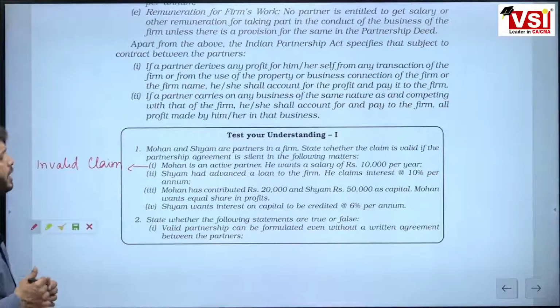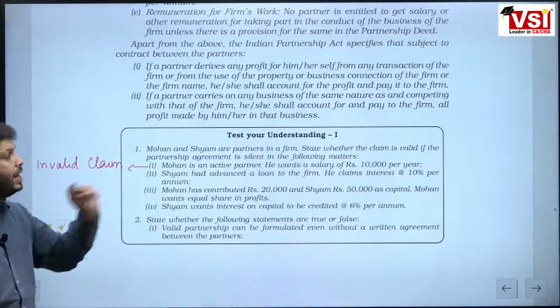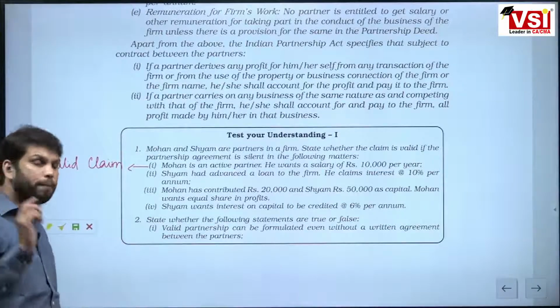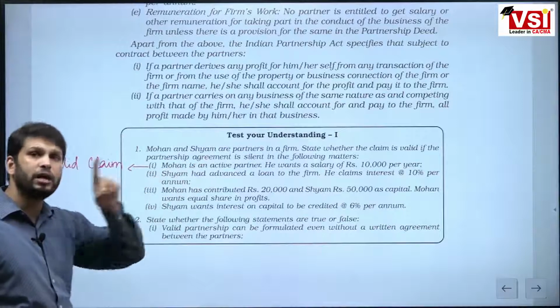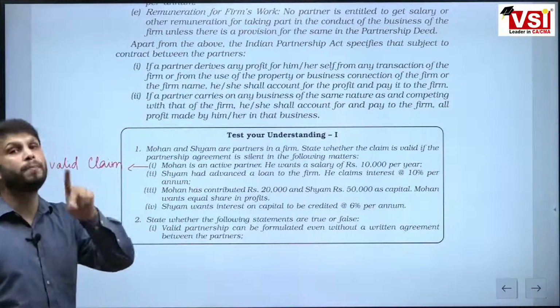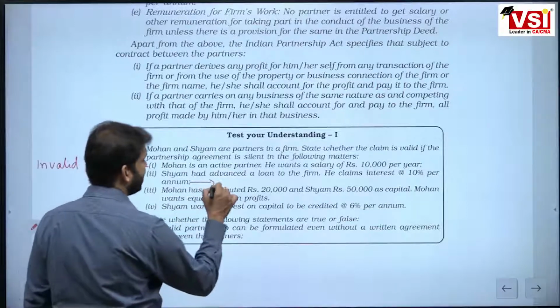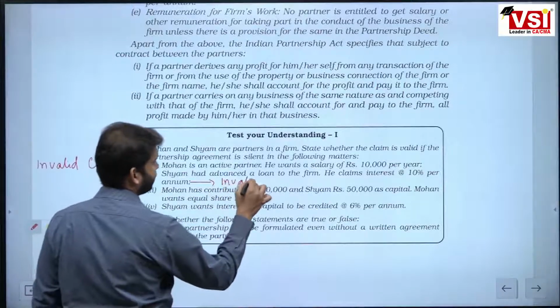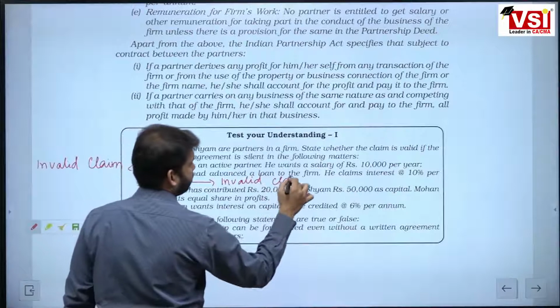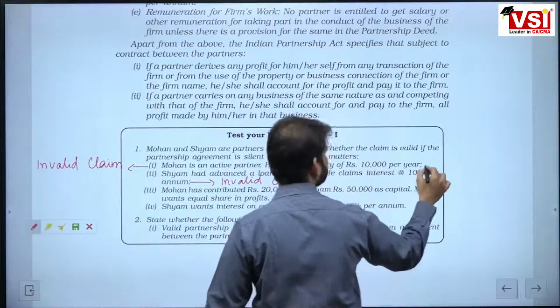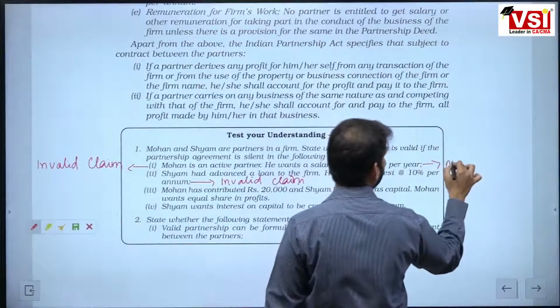Then Shyam had advanced a loan to the firm. He claims interest at 10% per annum. Why? If the partnership deed is silent about interest on loan given by the partner to the firm, then the claim is invalid. Okay, why invalid? See, the reason here is, we will write down the reason here.